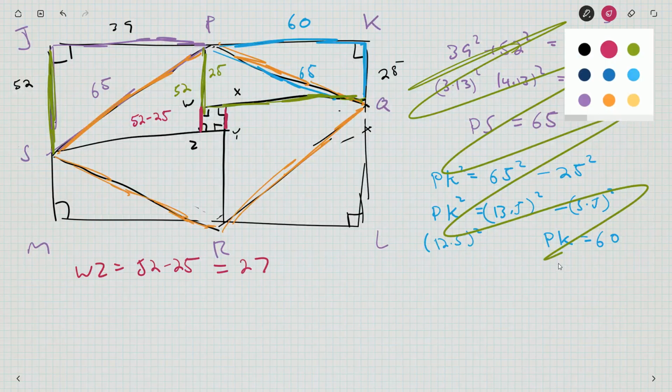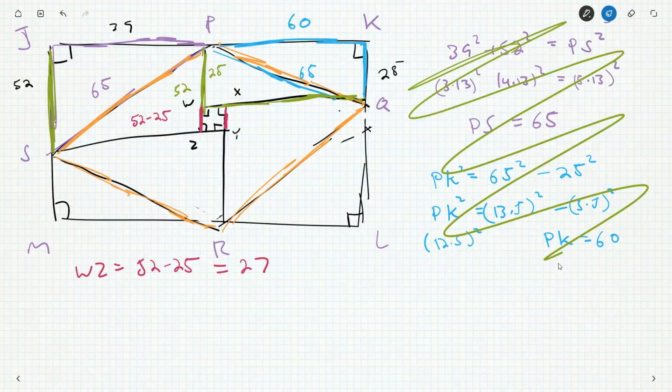But now, running out of colors here, WX and ZY are the same, and they are 60 for the total length there, minus... well, I guess this has to be 39. Wait a minute.